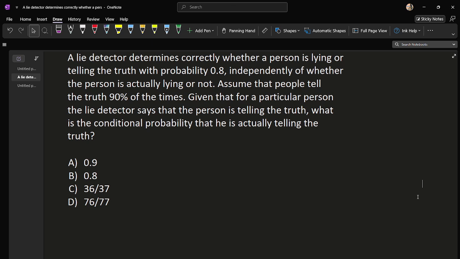Assume that people tell the truth 90% of the times. Given that the lie detector says that the person is telling the truth, what is the conditional probability that he is actually telling the truth? There are four options here: 0.9, 0.8, 36 by 37, and 76 by 77. So what can be done here? This is an application of Bayes theorem.